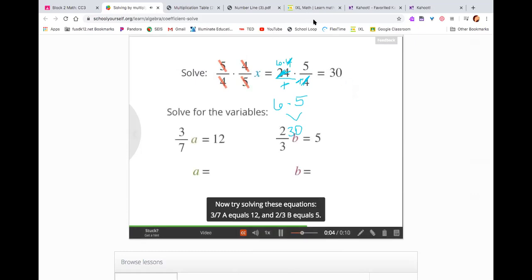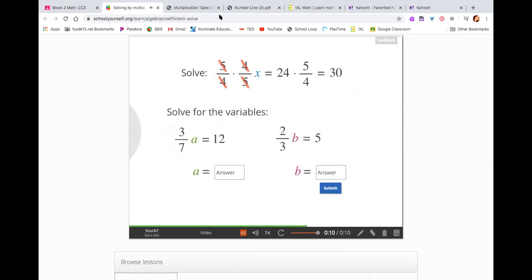Now try solving these equations. 3/7 a equals 12 and 2/3 b equals 5. Okay, so I'm going to review for the first one how we do it. If you like reversing the reciprocal, you can go ahead and do that. But for people who want it step by step, I always start with the denominator. I will start with the bottom number because I don't want to deal with a fraction.